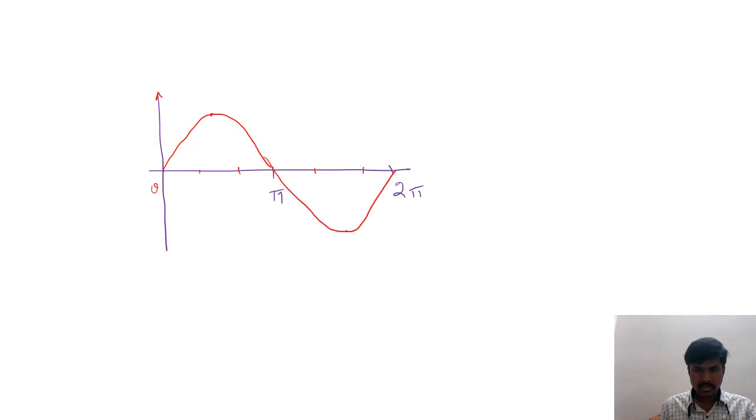This is one phase, and the other phase is going to start at 120 degrees. So I am going to take at this point, and the next waveform is going to start at 240 degrees. So it's going to be like this.